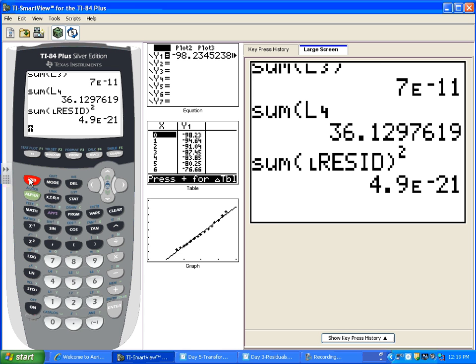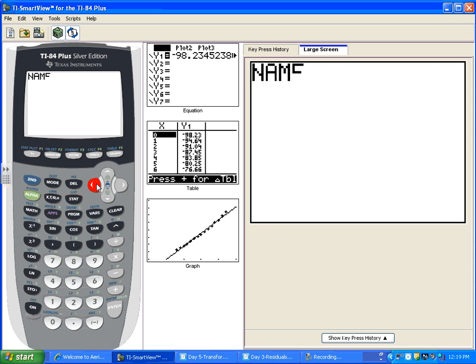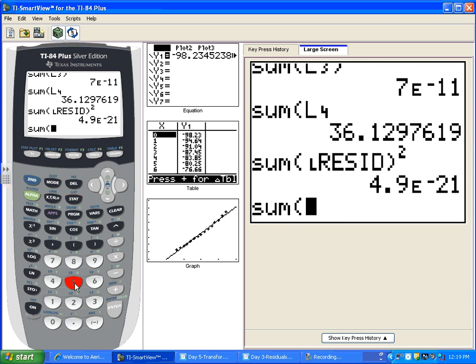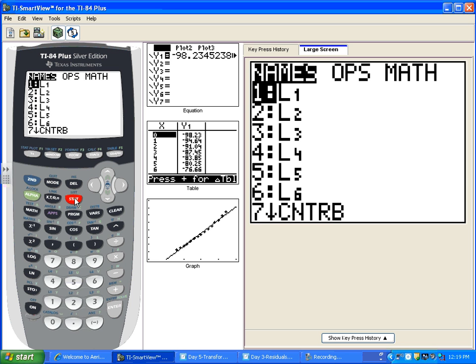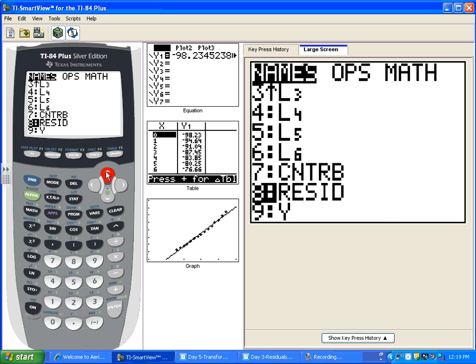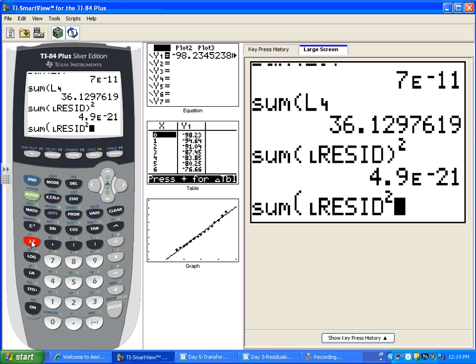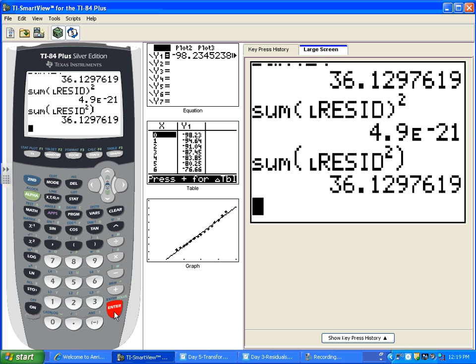Start it again. Sum, list, resid, squared. There we go. Same. Should match.